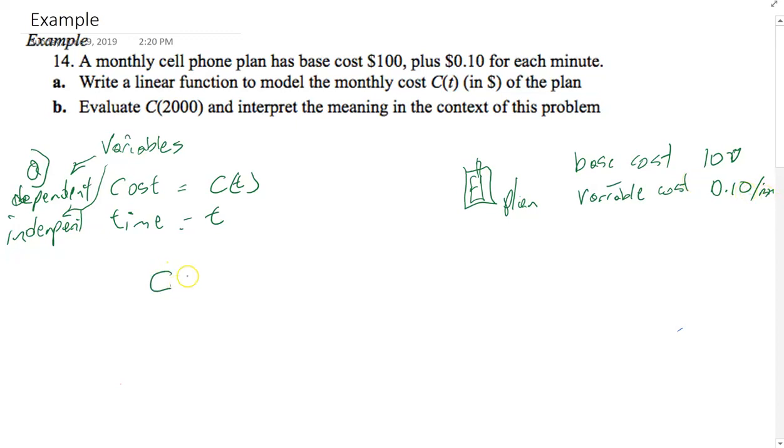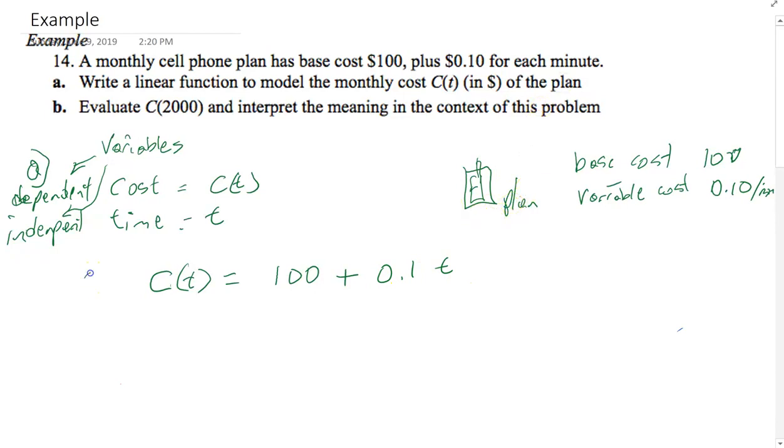Okay, so let us write it out. C of t is equal to 100 plus 0.1 times t. So for every minute, every time unit t, we are spending 0.1 of a dollar, or 10 cents per minute.